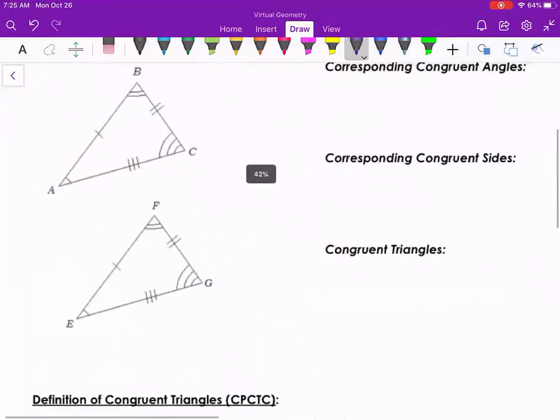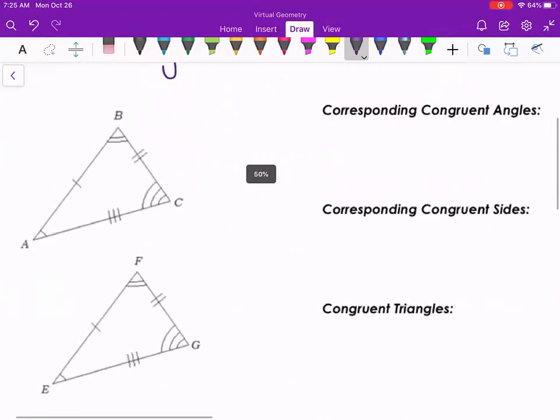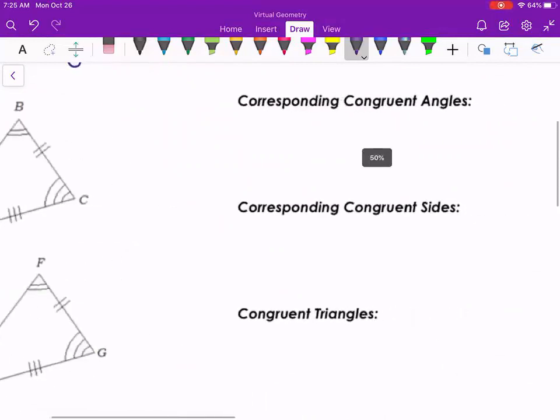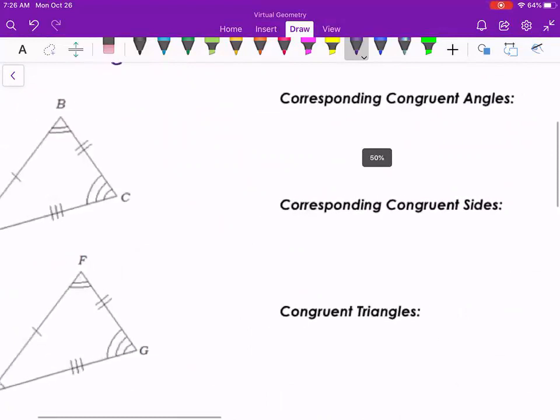So let's start with our first example here. Now, a lot of this is going to come from looking at your pictures and finding the matching set of markings. So we talked about this whenever we name triangles and for congruence and name sides and name angles. So the first thing we're looking for are all of the corresponding congruent angles.